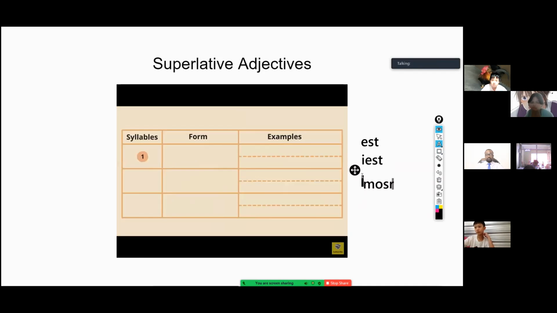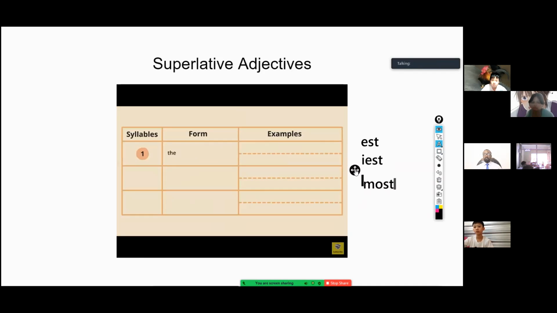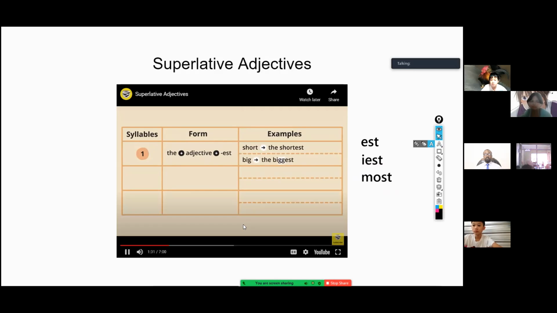For one-syllable adjectives, we add the and est to the adjective. For example, short becomes the shortest. If the adjective ends in a consonant-vowel-consonant pattern, we double the final consonant before adding est. For example, big becomes the biggest.